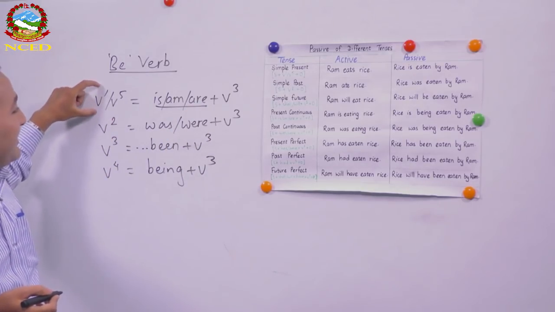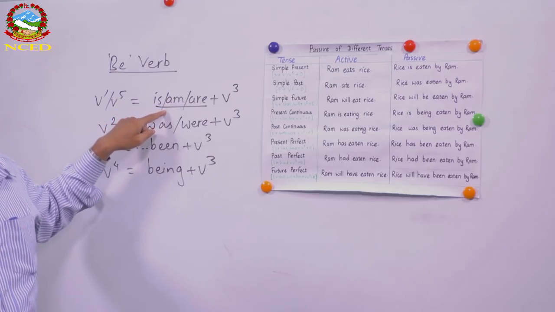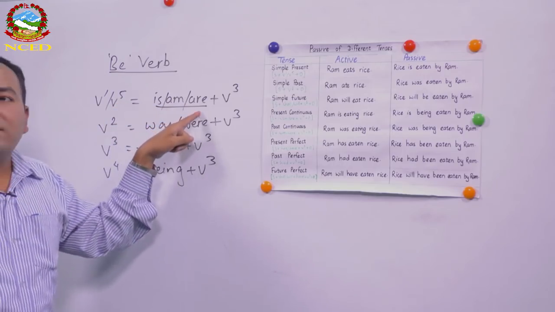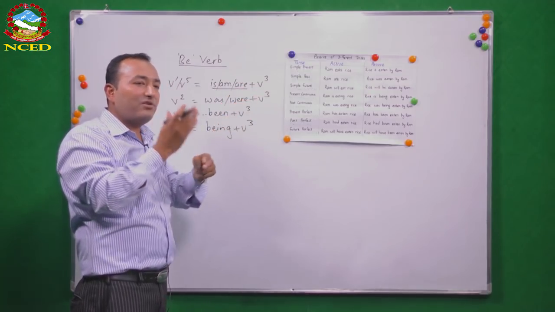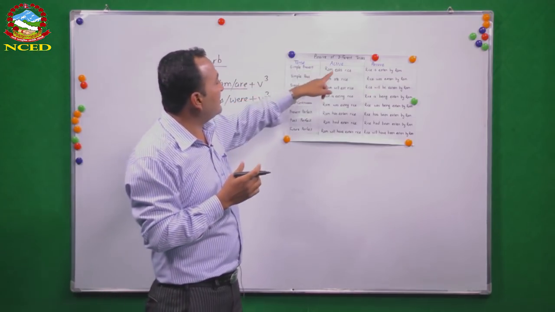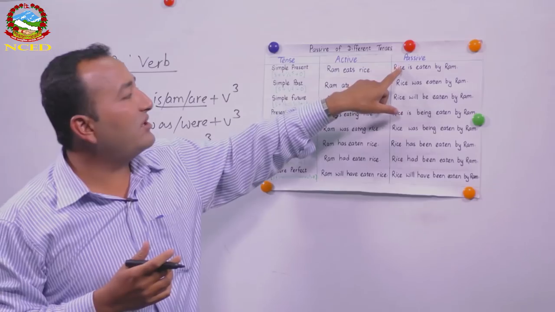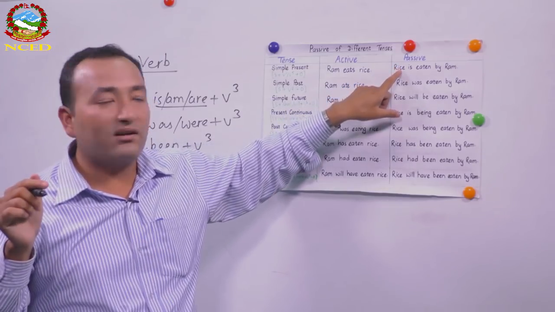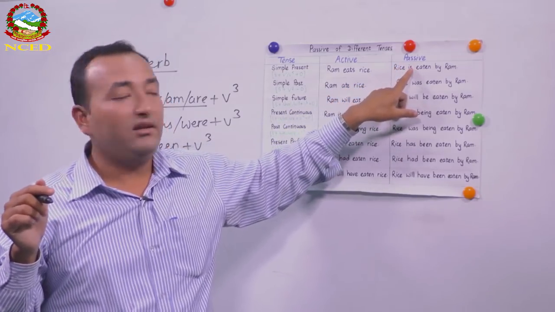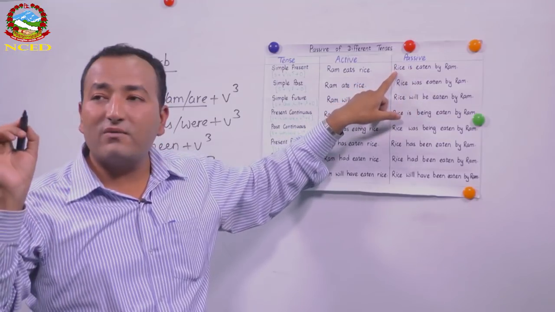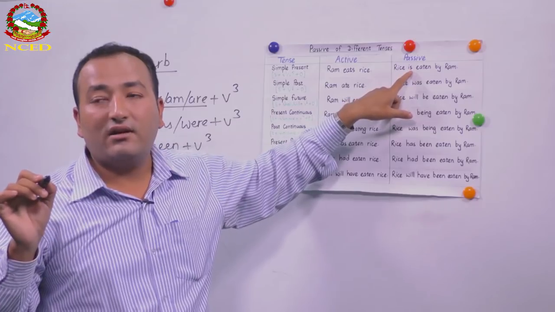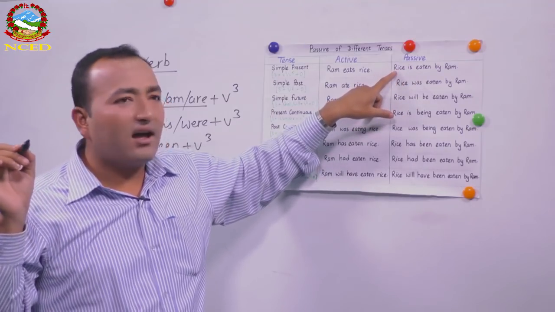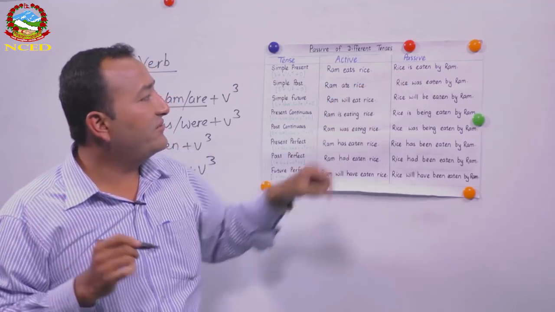Now, the only tension for us is how we use the be verb. If there is present tense, we use is, am, are. Is or are depends on the subject, meaning the object that is brought to the position of subject. Just like rice is brought to the position of the subject, rice is singular, so we write is. If in place of rice there was a plural subject, then we could write are. And if there is I as a subject, then we use am.